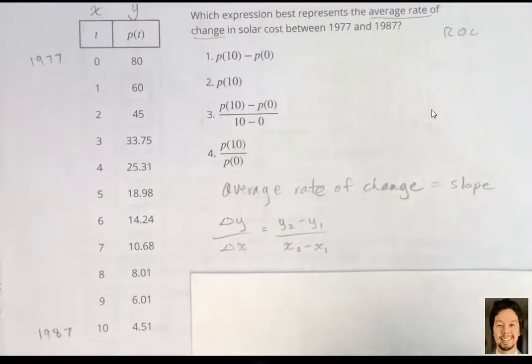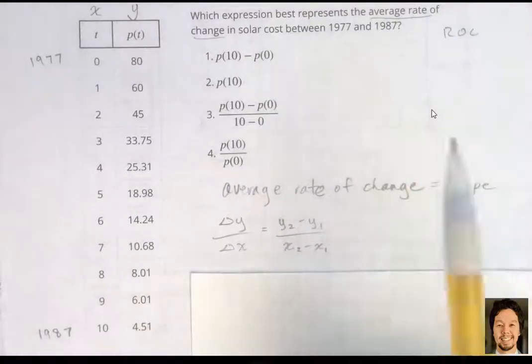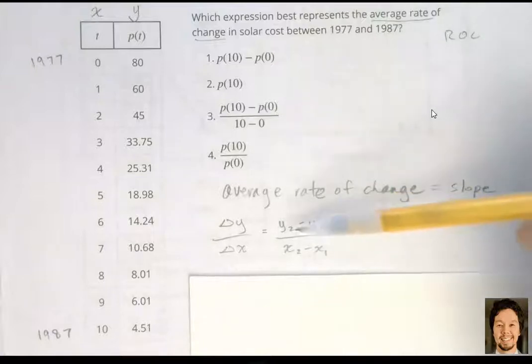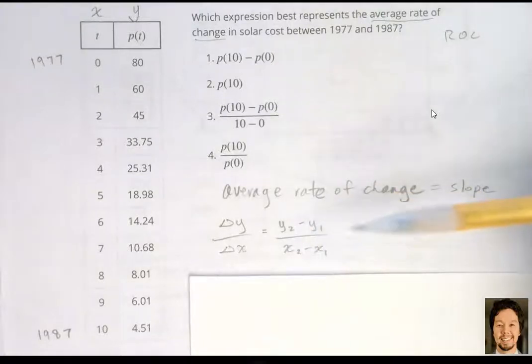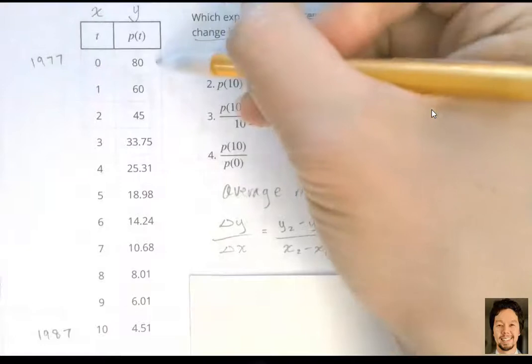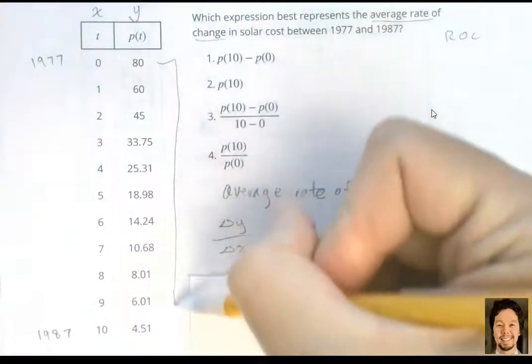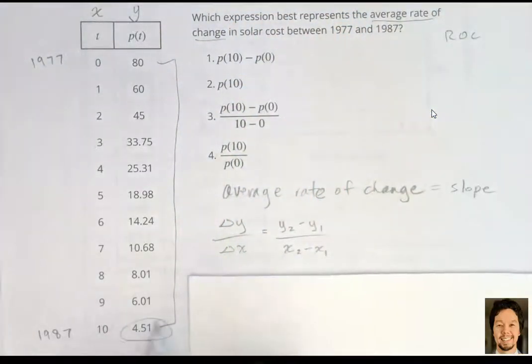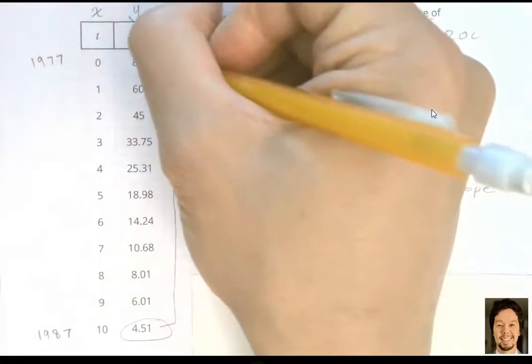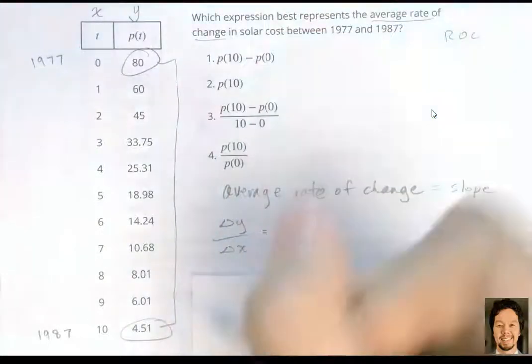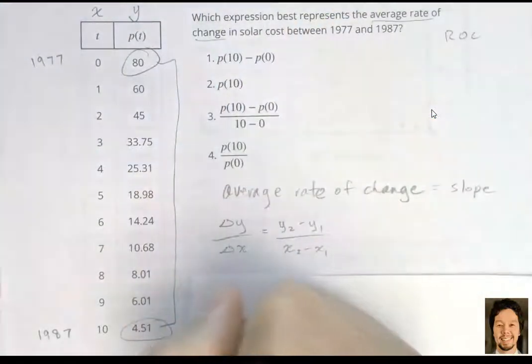So in order to answer this question, we would simply set up y2 minus y1 over x2 minus x1. In other words, this would be y2, 4.51, and this would be y1, $80, because they're your outputs.